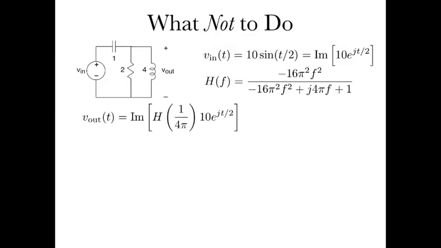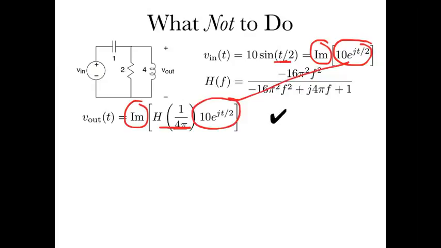Since I used imaginary part here, we use imaginary part here, and that's the correct approach. The transfer function evaluated at the frequency of the source, you get that from that formula, times the complex amplitude representing the source along with its complex exponential frequency. We take the imaginary part.